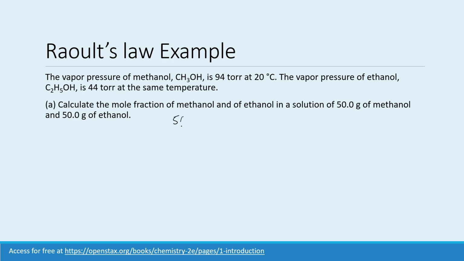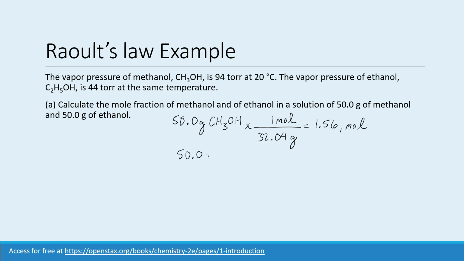Okay, and so we know this by now. We're going to take those masses and convert them into moles. So we've got 50 grams of methanol, CH3OH, and divide that by its molar mass, which is roughly 32.04 grams per mole, right? And we get 1.561.